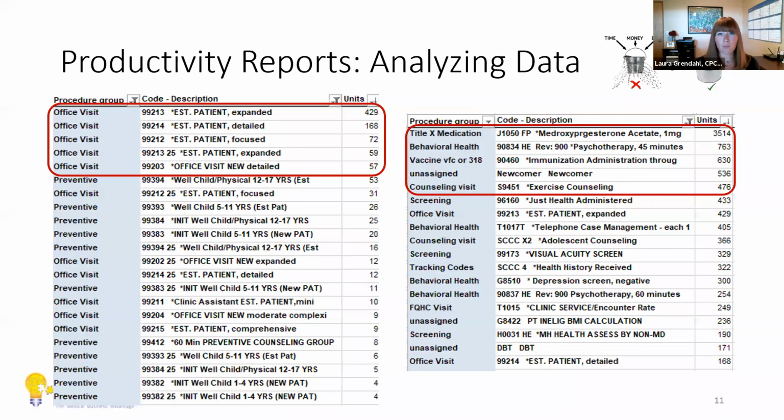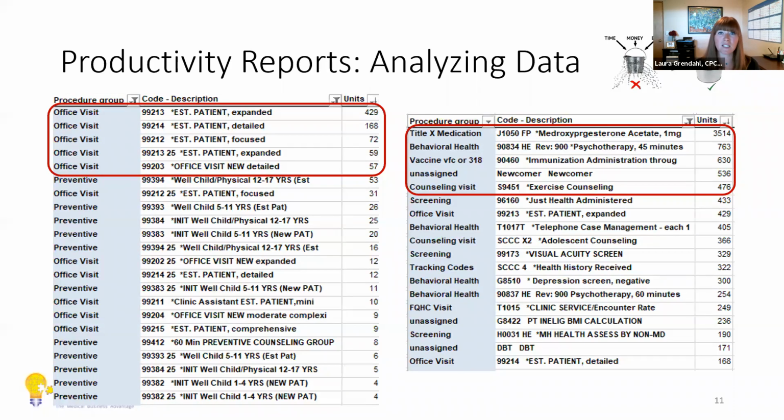This next slide breaks it down a little bit more. So now we're not just looking at office visits and those 992 series codes. Now we're actually looking at the preventive codes as well on the chart to the left. And we see that the preventive visit code 99394 is just below their top 5 most reported codes here with 53.